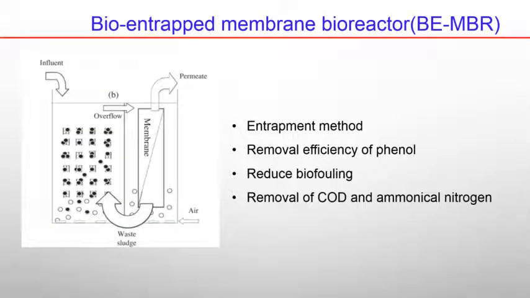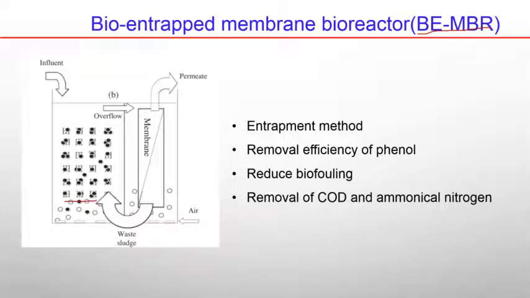This is biointeracted membrane bioreactor, and it is called PEMBR. PEMBR is similar to BFMBR, but a little different. Carriers in the PEMBR are developed by immobilizing the cells using the entrapment method.